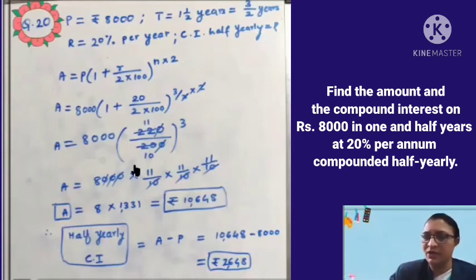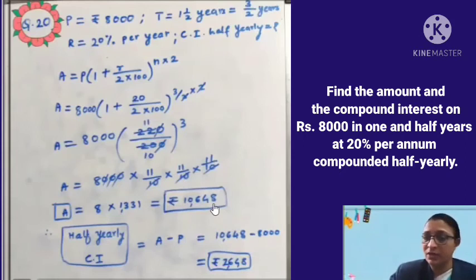By calculating the value, we get amount is equal to 8,000 multiplied by 11 upon 10 multiplied by 11 upon 10 multiplied by 11 upon 10. Since the value of the bracket is 11 by 10 and it's a cube, we multiply it thrice. So amount is equal to 8 into 1,331, equal to rupees 10,648.